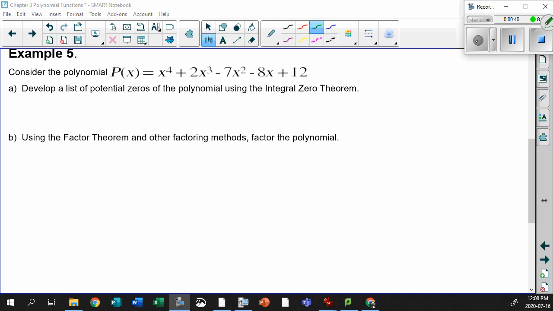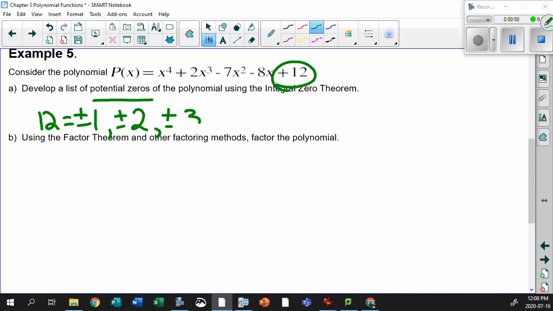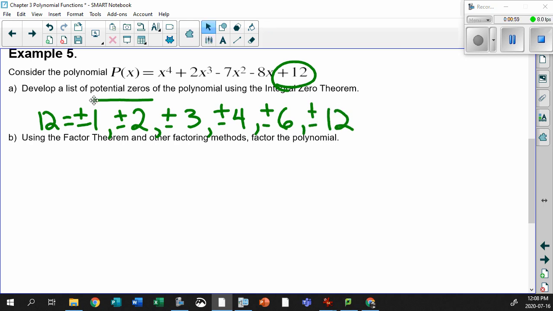Check this out. This says develop the list of the potential zeros. Okay, so we know it's 12. So we know the potential zeros are plus or minus 1, plus or minus 2, plus or minus 3, plus or minus 4, plus or minus 6, and plus or minus 12. This is going to take forever and a day.